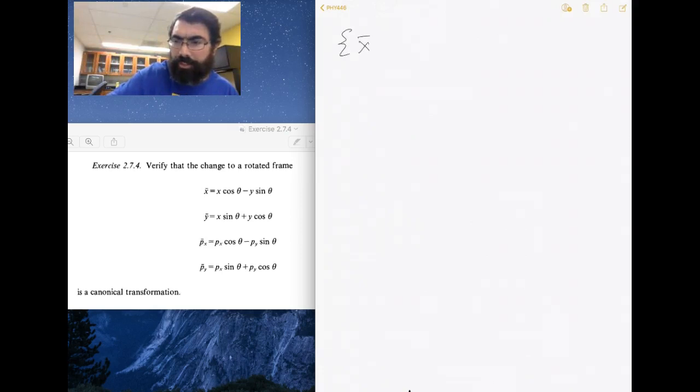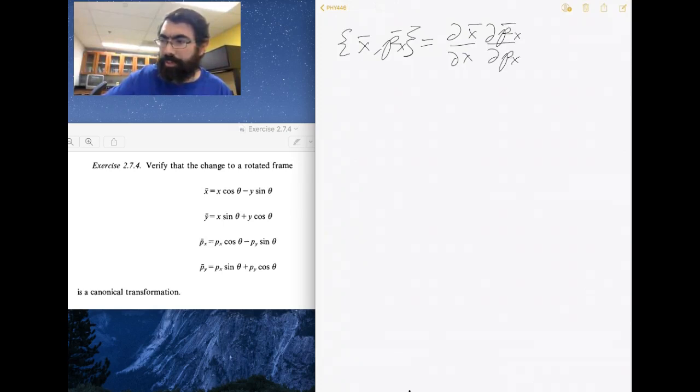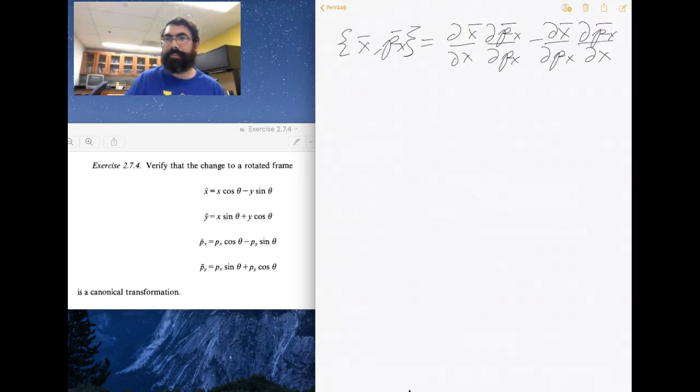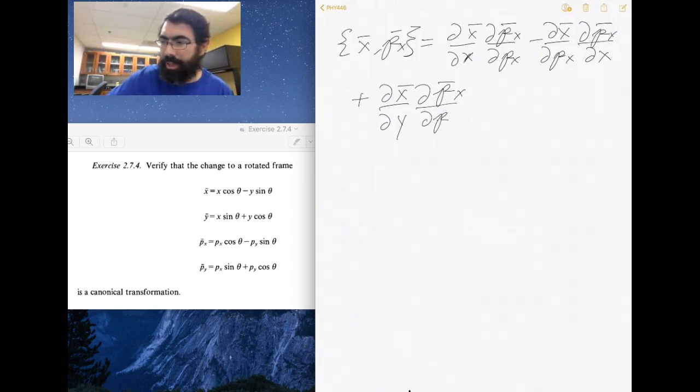So the Poisson bracket of the x coordinate with the x component of the momentum is the derivative of x bar with respect to x, derivative of px bar with respect to px, minus the derivative of x bar with respect to px, derivative of px bar with respect to x, plus the derivative of x bar with respect to y, derivative of px bar with respect to py, minus the derivative of x bar with respect to py, derivative of px bar with respect to y.